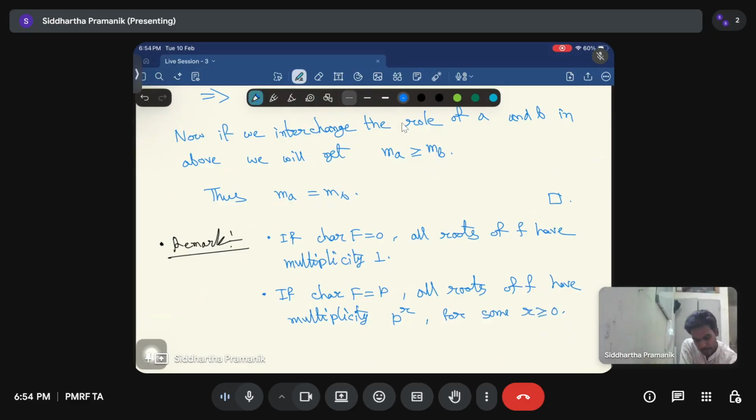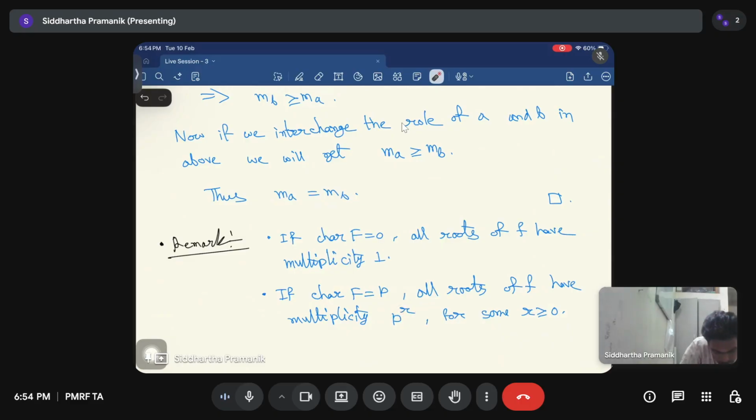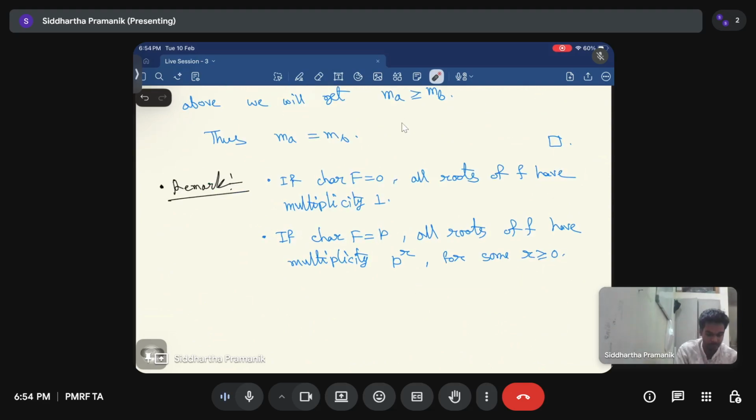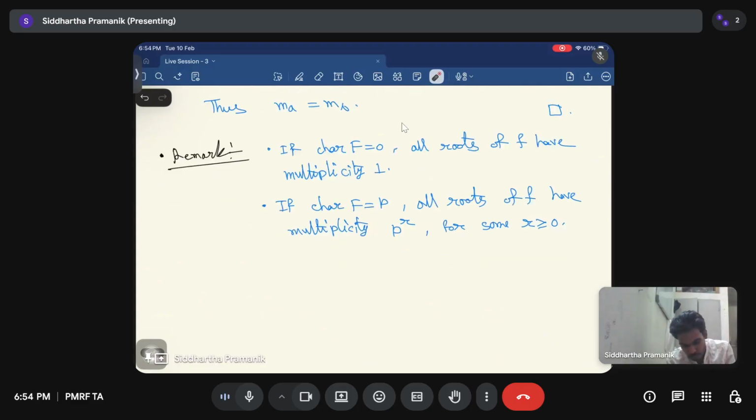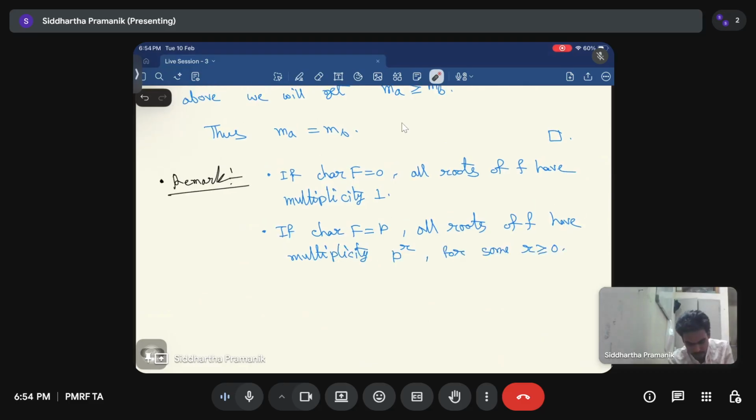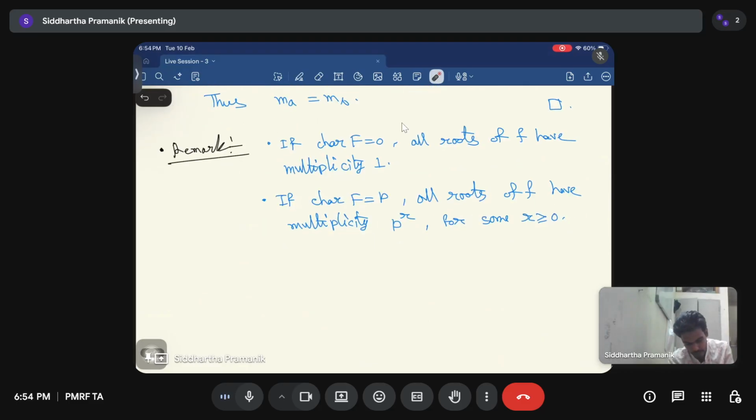If the base field is finite, then r has to be 0, so the multiplicity is 1. But if it is not finite, then it can have roots which are not simple, which is multiplicity more than 1. But in that case, this multiplicity has to be some prime power. So this is one fact, this can be proved, but I don't want to go in that much detail. So let's just write it down as information.